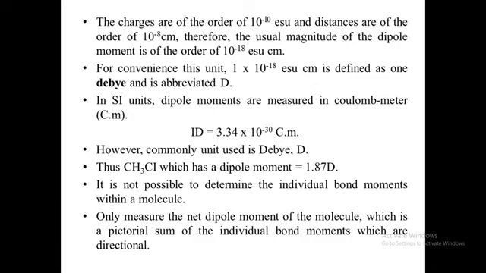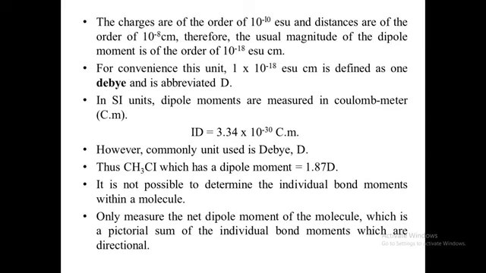So the usual magnitude of dipole moment is in the order of 10 raised to power minus 18. It means if the separation of charges is unity and the average distance between the dipolar atoms is 10 raised to power minus 10, the product of charge and distance will be 10 raised to power minus 18 ESU centimeter.